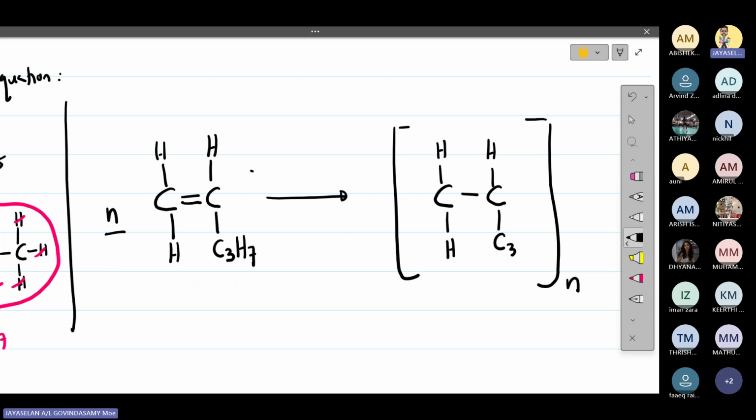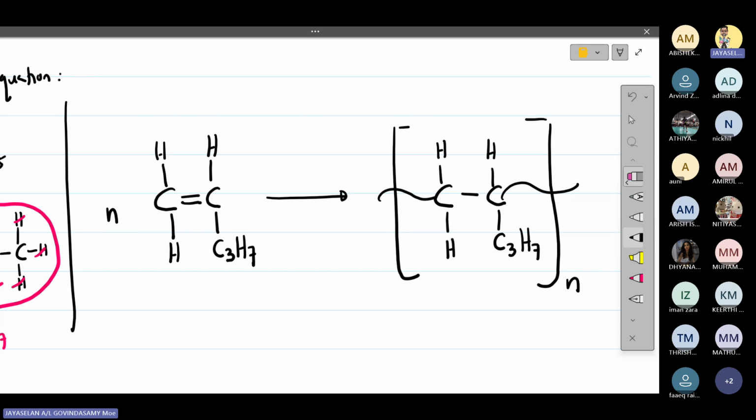Like this, C3H7, you draw one wave like this, you take your 2 marks. Any question? Who got the answer like this? Raise your hand. I give 1 minute to do this.